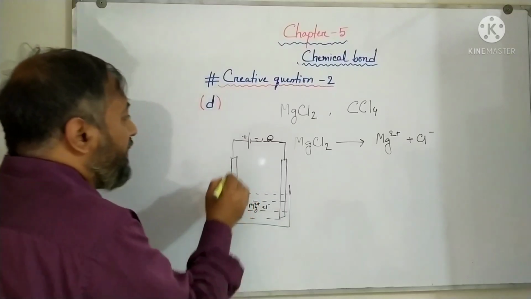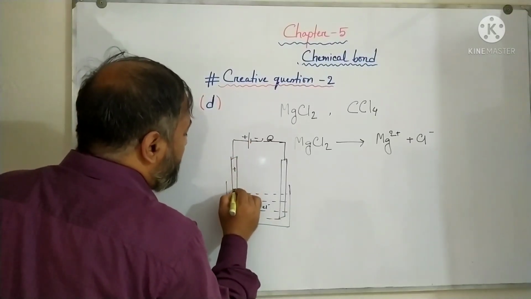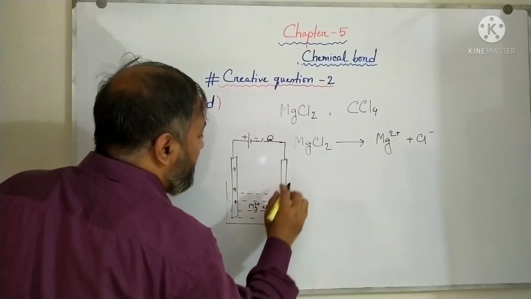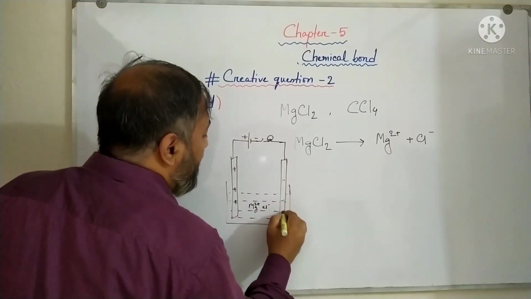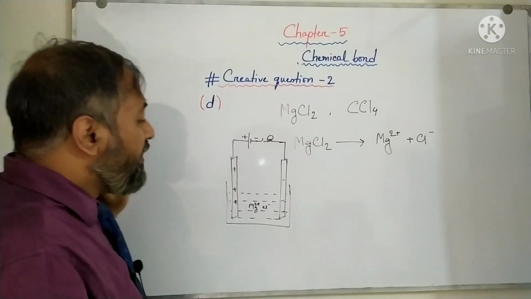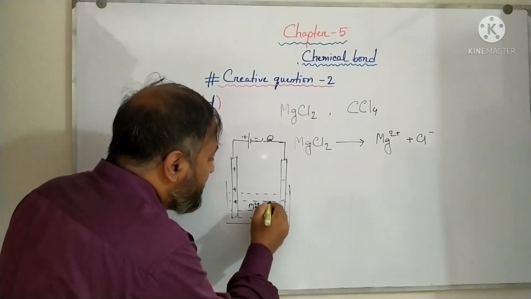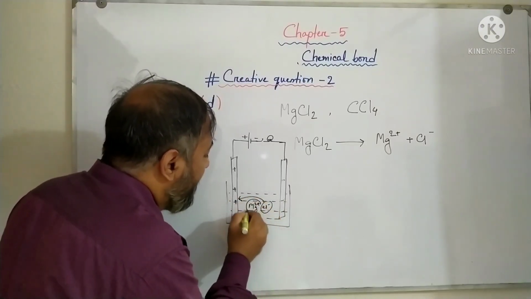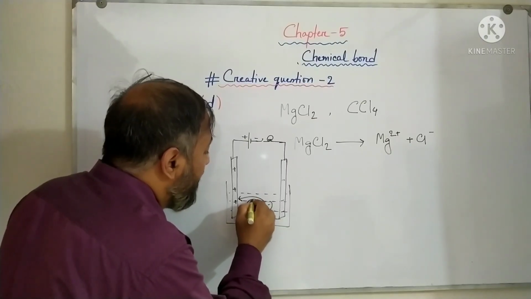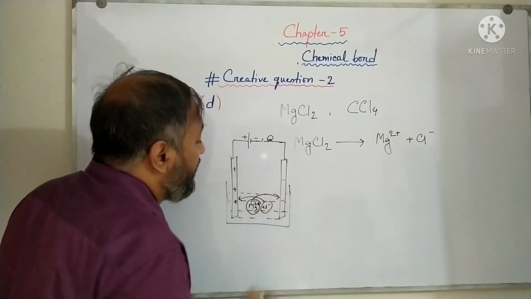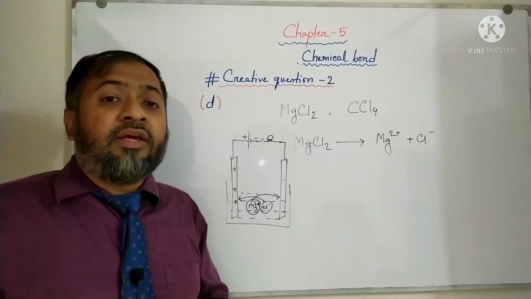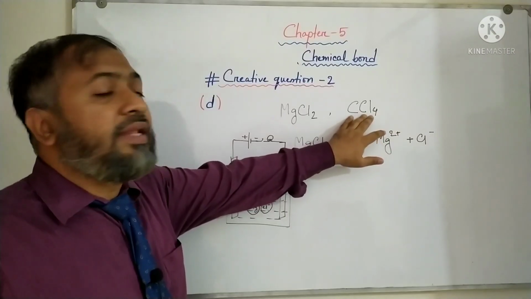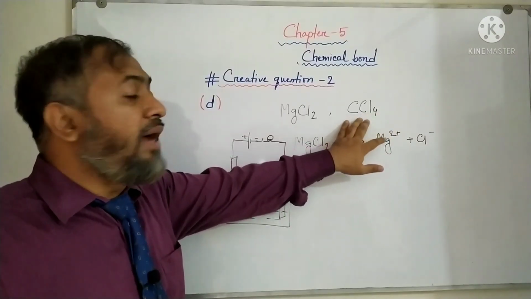So what will happen? The electrode connected to the positive part of the source of energy becomes positively charged, and the other electrode becomes negatively charged. When we dip these two electrodes, chloride ions, which are negatively charged, migrate to the positively charged electrode. On the other hand, magnesium, which is positively charged, migrates to the negatively charged electrode, and therefore electricity will conduct. But carbon tetrachloride will not create any polarity, therefore it is unable to conduct electricity.